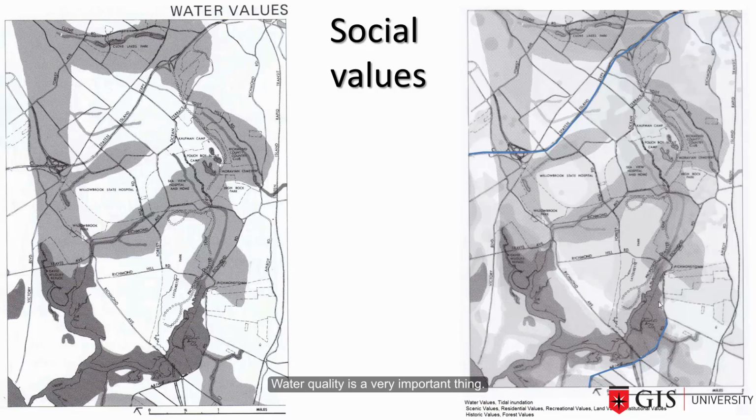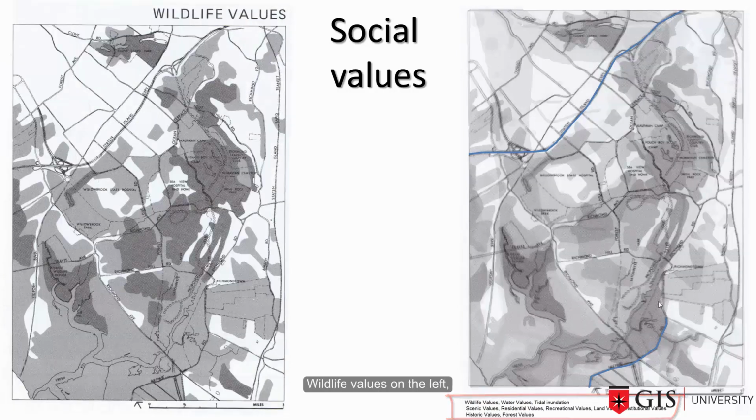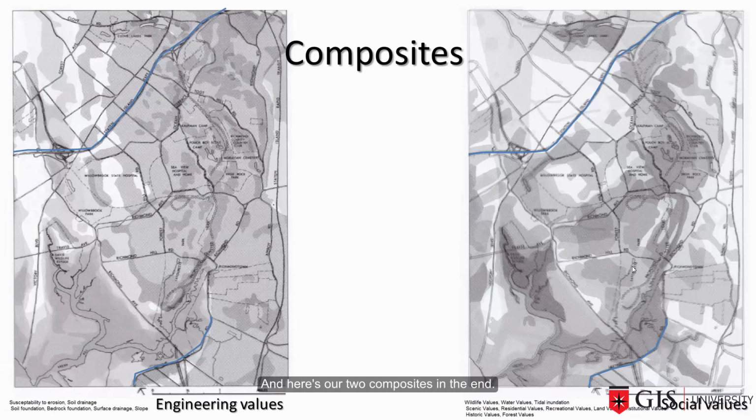Water quality is a very important thing. Once again, overlaid on the right. Wildlife values on the left, overlaid onto all the others on the right. And here's our 2 composites in the end. So we've got our engineering values on the left, and we've got our social values on the right.